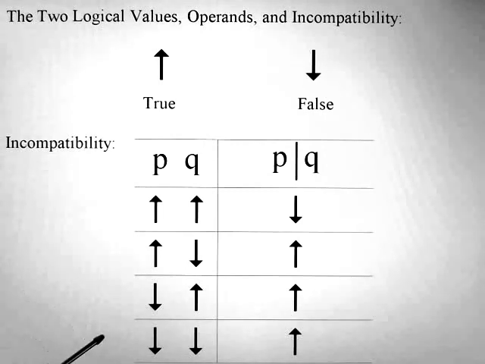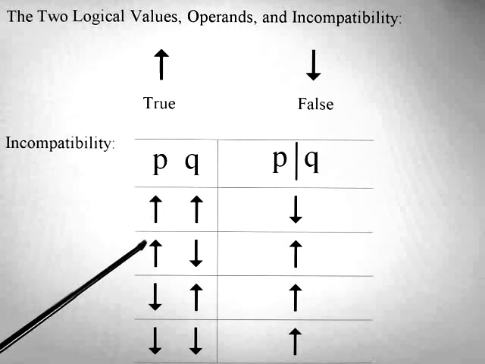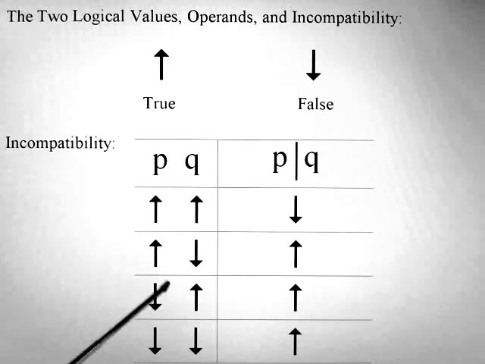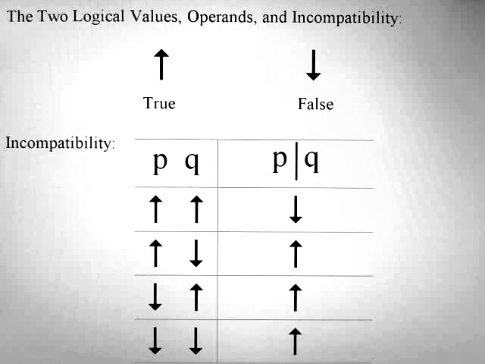Similarly, when the first proposition is false, the second proposition will be either true or false. And so for two propositions, we will always have four possibilities of combining true and false of the assignment of the values to the propositions, and we will always list them in the order of true, true, true, false, false, true, and false, false.